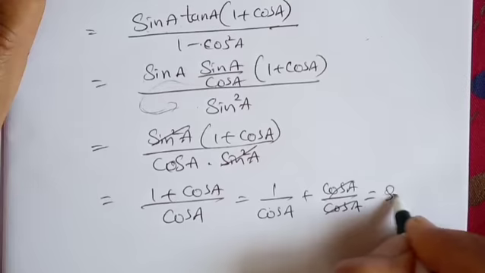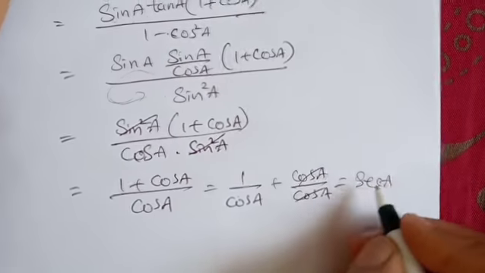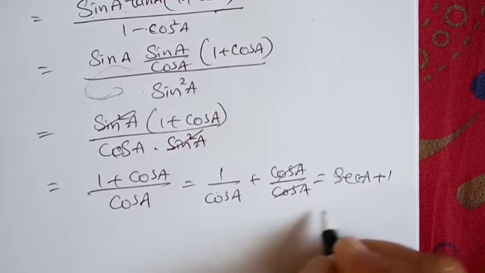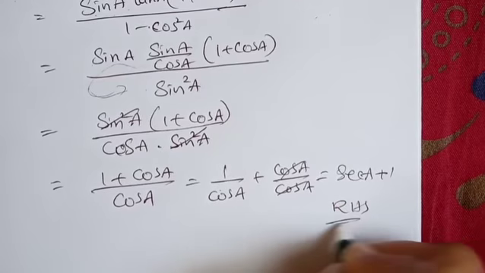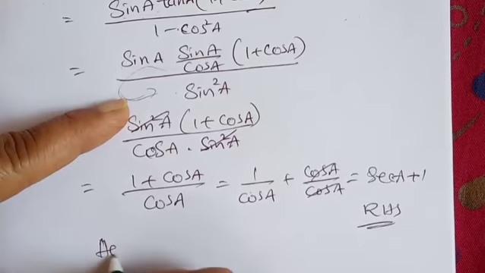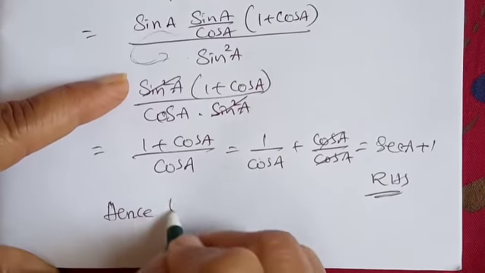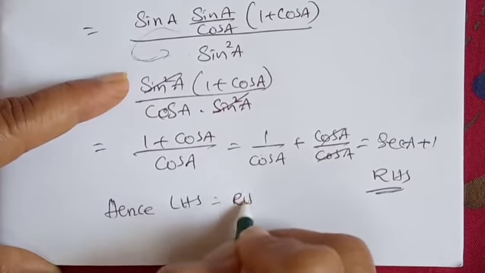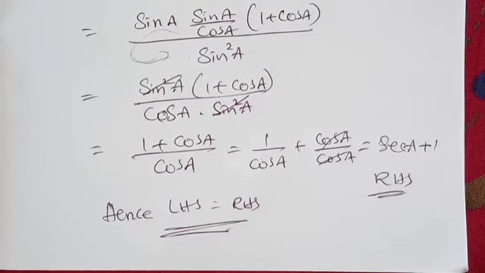This is nothing but sec A plus 1. Okay, this is RHS. 1 plus sec A, plus 1 sec A, both are equal only, no? Hence, LHS equal to RHS. Proved. Okay, children?